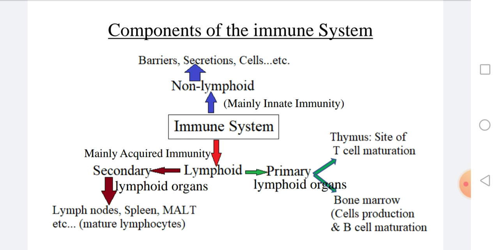Now we go to the secondary lymphoid organs. Here we are going to find the mature lymphocytes. And the organs are many, secondary lymphoid organs are many, such as lymph nodes, spleen, mucosa-associated lymphoid tissues, tonsils, and so on.